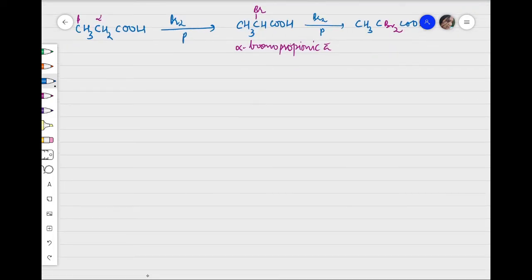If I had taken the case of an aryl group, aromatic group, okay, so I have this, my phenyl acetic acid, sorry.